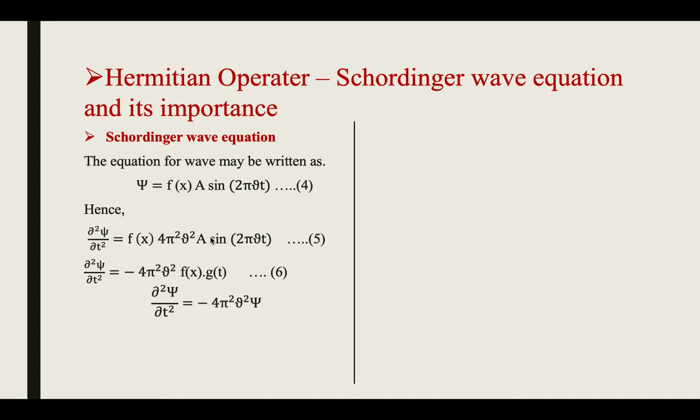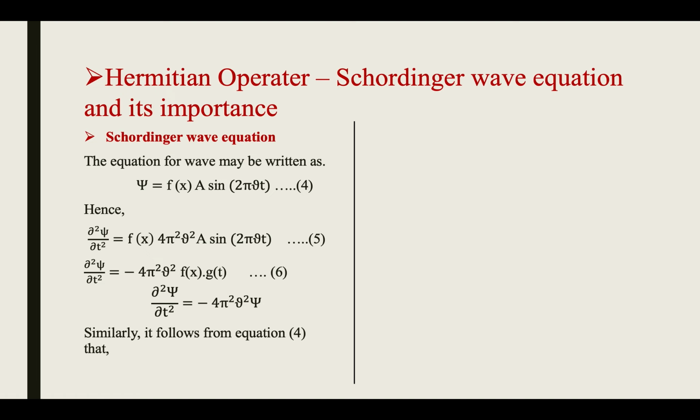So now this is f(x) and this is your g(t) term, so you can get them together over here, and whatever the constant 4π²ν², this will always be constant, so you can take it outside. So this will become equation number 6. So if you double differentiate with respect to time, finally you will get f(x) into g(t), which is nothing but your ψ function. That's why you can write it directly as ψ.